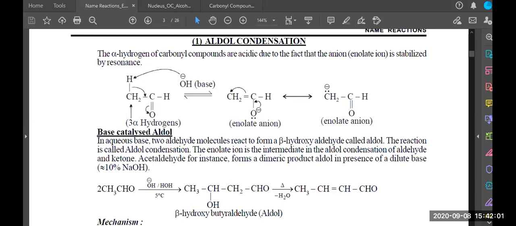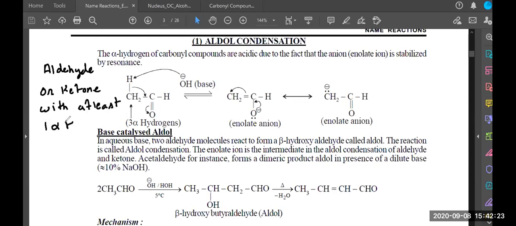So I can say that here the reactant is aldehyde or ketone with at least one alpha hydrogen. That is the condition. That is your reactant.